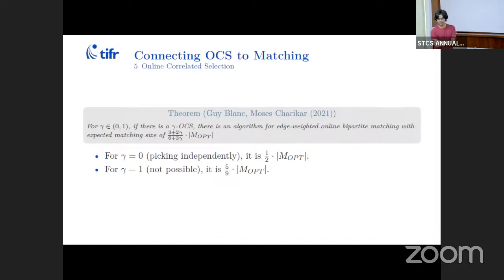But still 5 by 9 is less than 1 minus 1 over e. Notice that any non-trivial gamma, any gamma other than 0, would allow us to beat half. So throughout the rest of the talk, I'll show that there exists a gamma which is non-zero.